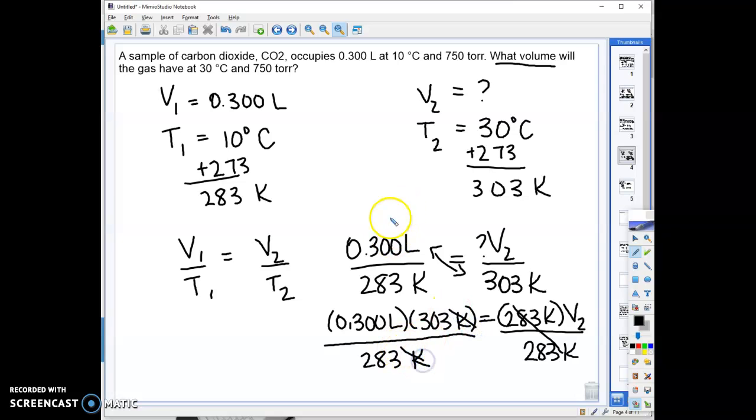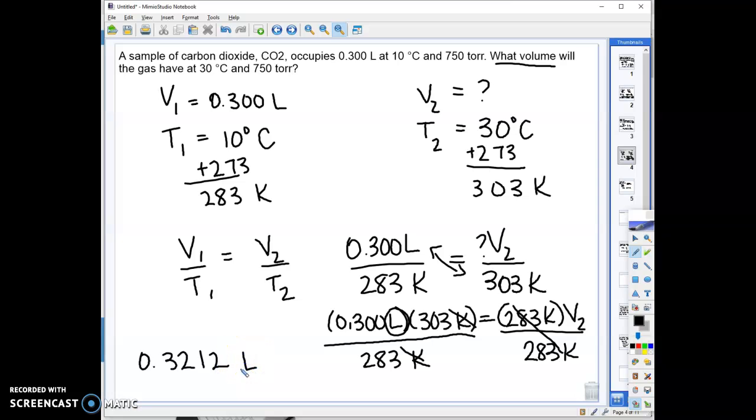My units for Kelvin will cancel out there, and I'm left with liters, which is an acceptable unit for volume, so I know that I've got my problem set up correctly. So now I multiply 0.300 times 303, and I divide that by 283, and for my answer I get 0.3212, and my unit there is liters.